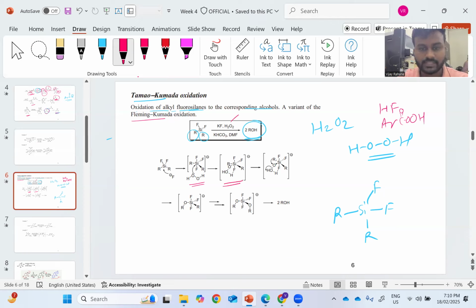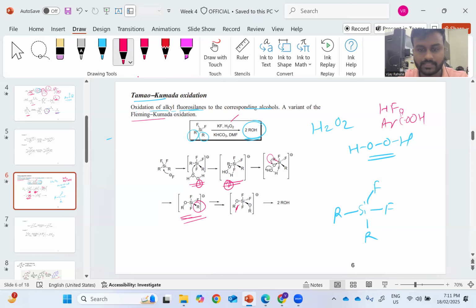So it forms the second intermediate, and again in a similar fashion, there will be a rearrangement of the R group: the R-Si bond gets cleaved, and it forms the R-O bond. So we get the ether-like linkage, R-O-Si bond, and in a similar manner the second peroxide attacks, and again we get another ether linkage.